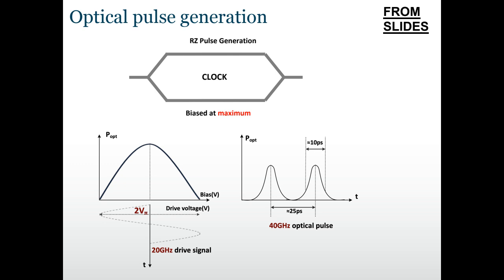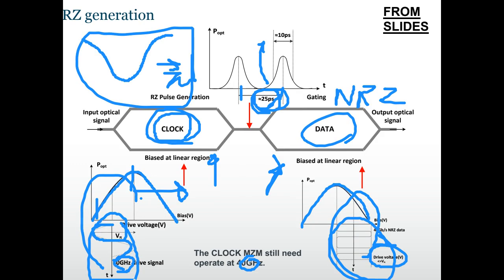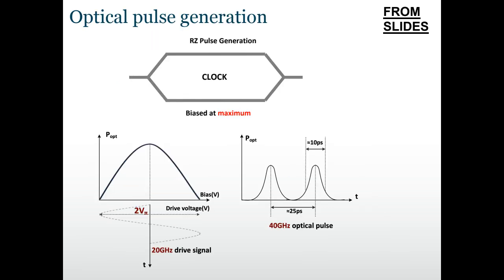Okay, so for the clock signal, we need 40 gigahertz to drive the electrical signal and then get 40 gigahertz optical bandwidth. So how can we only use a 20 gigahertz drive signal? We use the whole region of the transfer function.